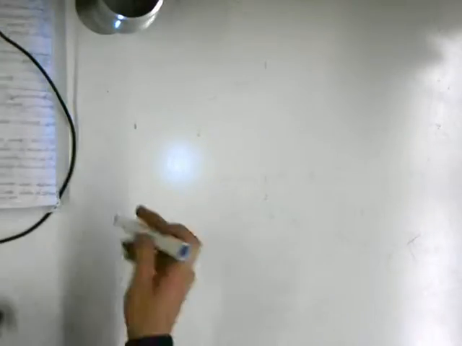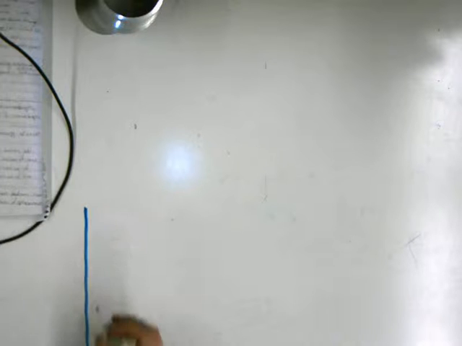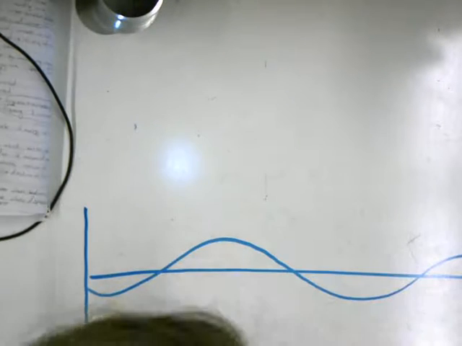A node is a spot on the standing wave. A standing wave is a little different. A node is this part right here, and an antinode is the spot where the standing wave is largest.